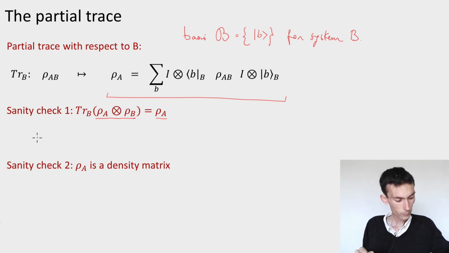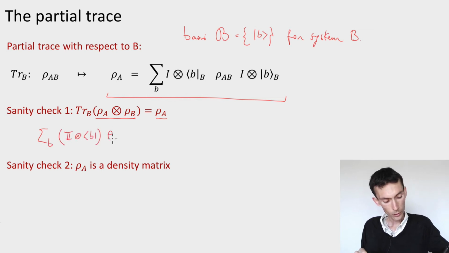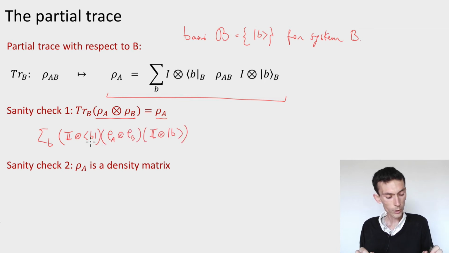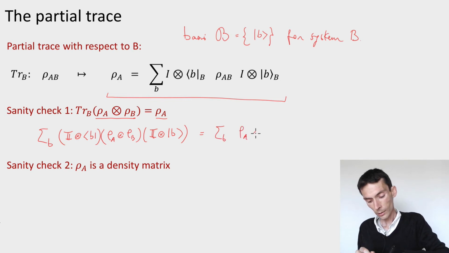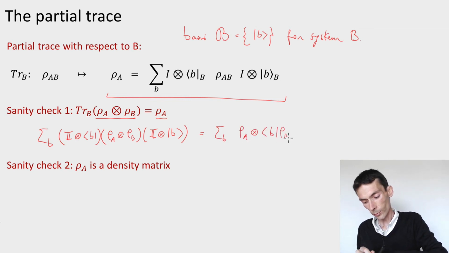Let's check. So let's compute the sum over B of identity tensored ⟨B| applied to ρ_A tensored ρ_B, so assuming that I start off with this tensor product. So now each of the terms is the product of three tensor products, so I can use distributivity and it's going to simplify to sum over B of ρ_A tensored ⟨B|ρ_B|B⟩.